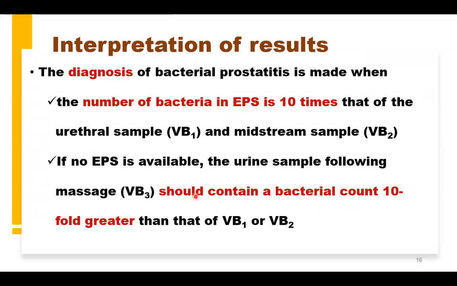To make a diagnosis, the EPS or the VB3 should contain a bacterial count that is 10-fold greater than that of the VB1 or the VB2, okay? Remember that your VB3 contains prostatic secretions as well. So your EPS and your VB3, the bacterial count should be 10-fold greater than what you have in either VB1 or VB2.